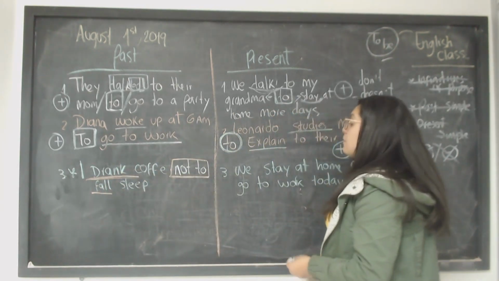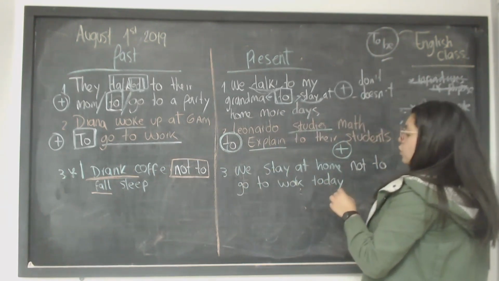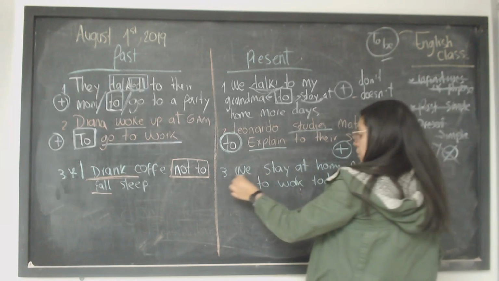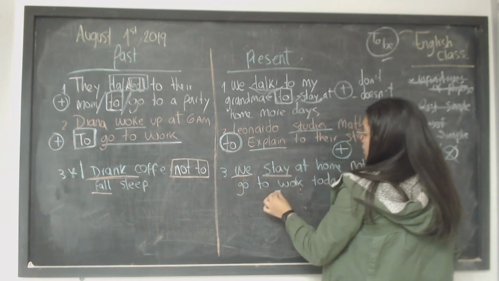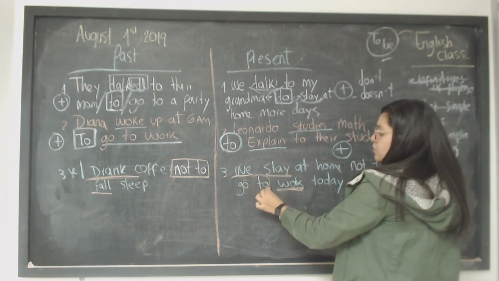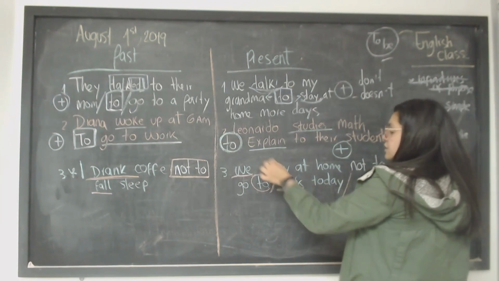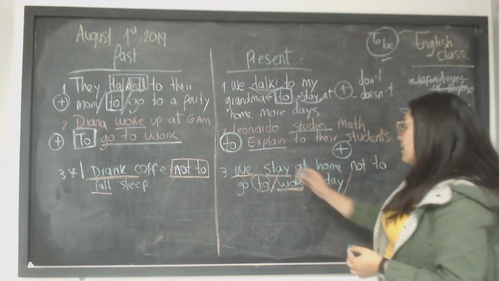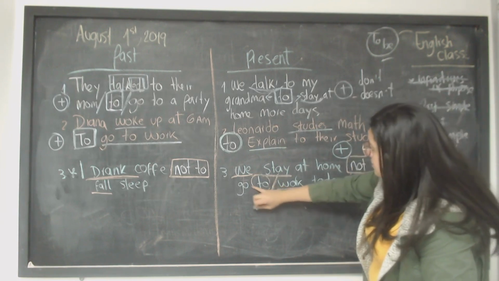Then we have the present one. So the present one is, we stay at home not to go to work today. We, the subject, stay, the verb, another verb is work. So the connection between stay and work is to. Entonces es dividir las frases. Work today. Entonces nos quedamos en la casa para no, sorry, this one is not.